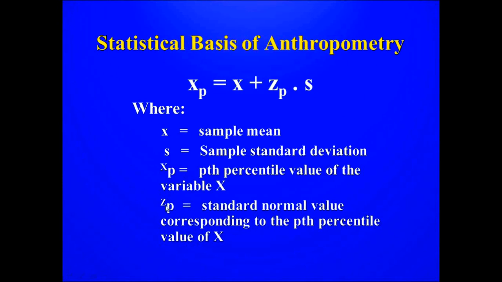So these are from tables that you get in terms of where you are in that percentile of the population you're interested in. And so with all of these then set up in this following equation, you can then solve for the X sub P, or if you do some simple algebra, you can also solve for any one of these variables.